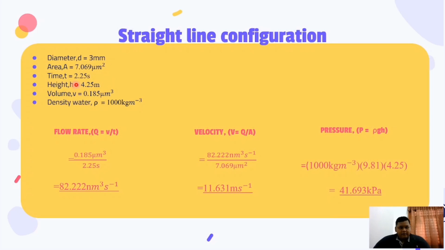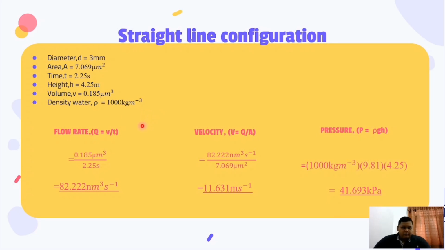Time taken for this project is 2.25 second. Height that we get is 4.25 meter. Volume that we get is 0.185 micrometer cube. Density that we use, rho, is equal to 1000 kilogram per meter cube.